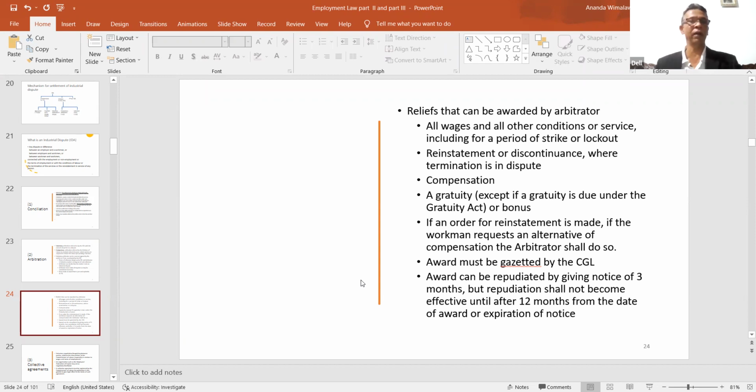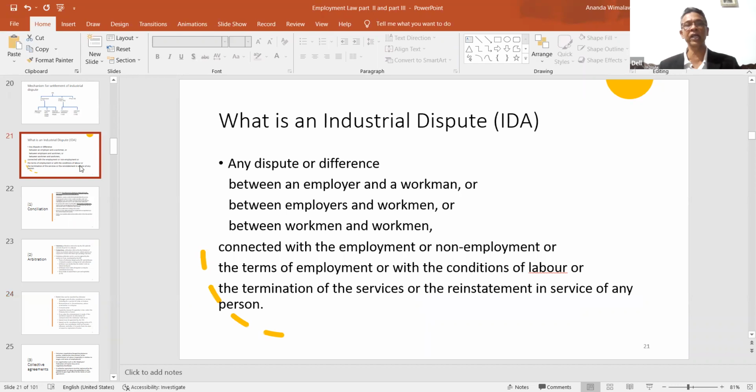That is how we define. So let me show you. Slide number 21. Any dispute or difference between an employer and a workman, connected with the employment or non-employment or terms of employment or the conditions of labor or termination of service or the reinstatement of service of any person. So that is a dispute.